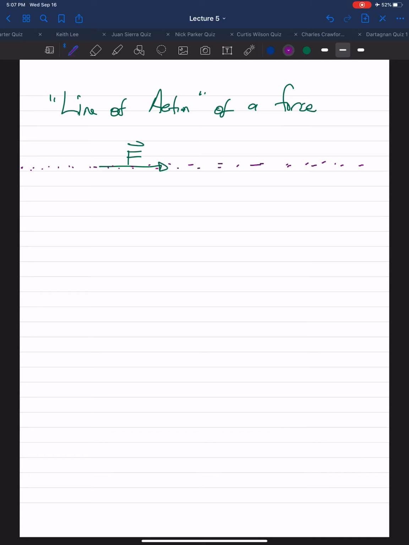So the magnet, so we said, and let's draw it.